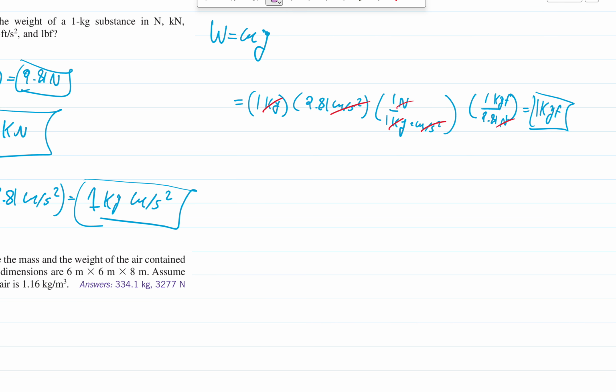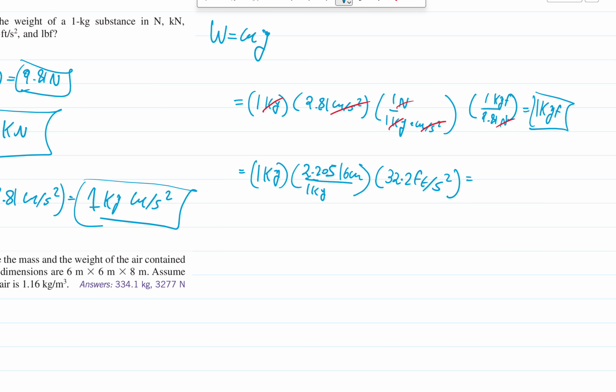All right. For the next one, we'll do 1 kilogram, 2.205 pound mass, 1 kilogram, 32.2 feet per second square.